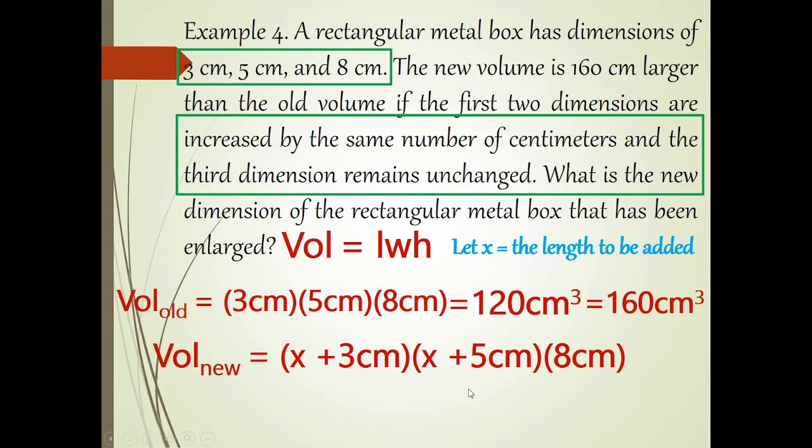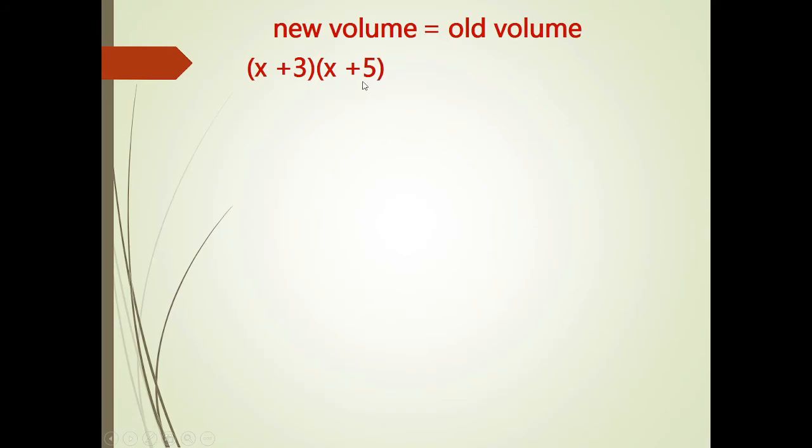So how do we solve this? We equate: the new volume, (x plus 3) times (x plus 5) times 8, is equal to the old volume from the problem, 3 times 5 times 8, plus 160. That is our equation.